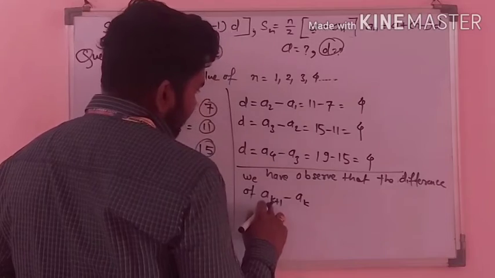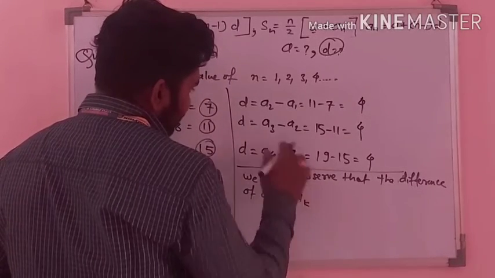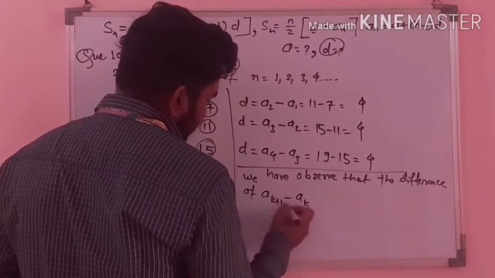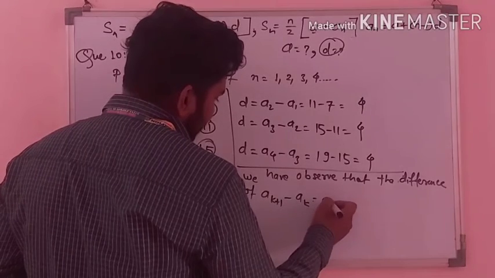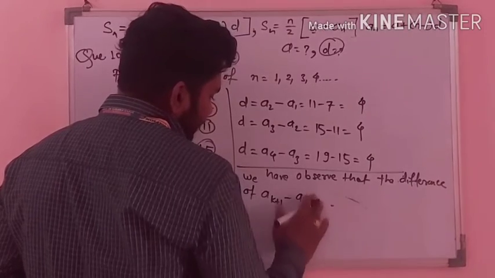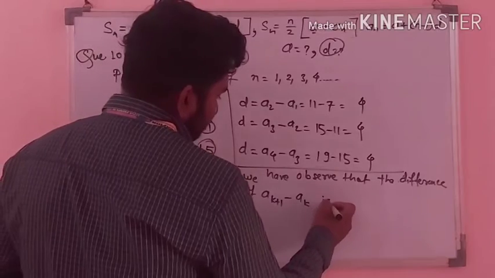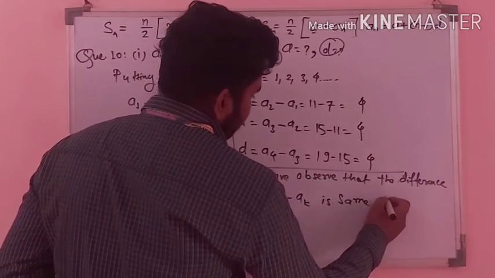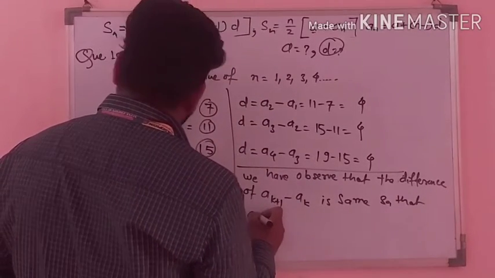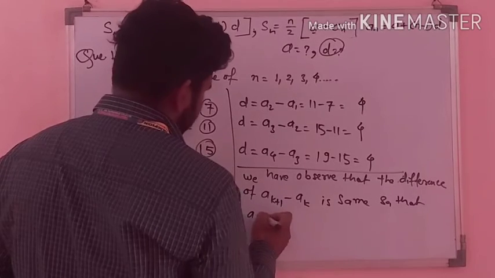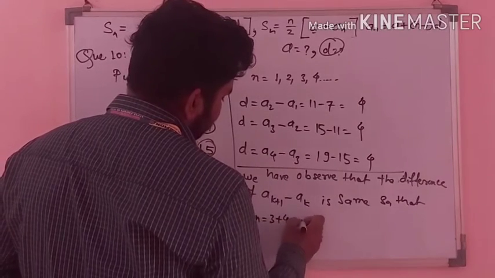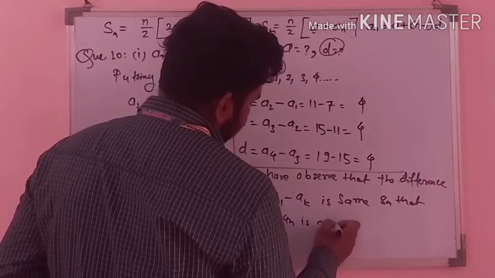Let ak be a2 and k is 1, that means if we write it, if k is 1 then it will be a2 minus a1. So in the form of variables, it is the same, so that an is equal to 3 plus 4n is an AP.